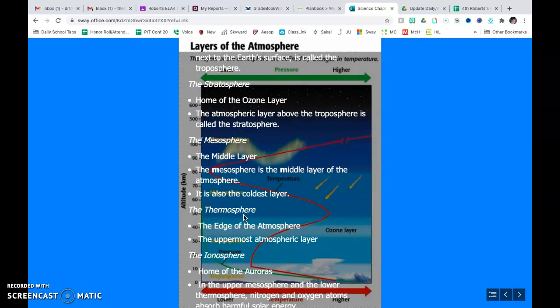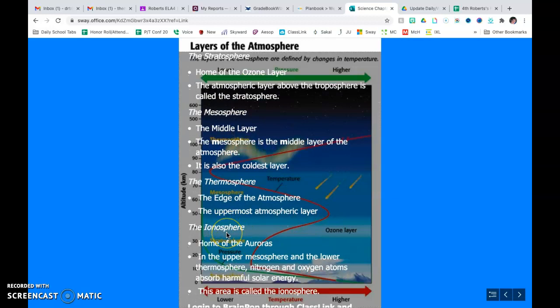Then we have the thermosphere. This is the edge of the atmosphere. So it is the uppermost atmospheric layer. And it divides into two different parts. The ionosphere, which is home of the auroras, the northern lights. It's the upper part of the mesosphere and the lower of the thermosphere.